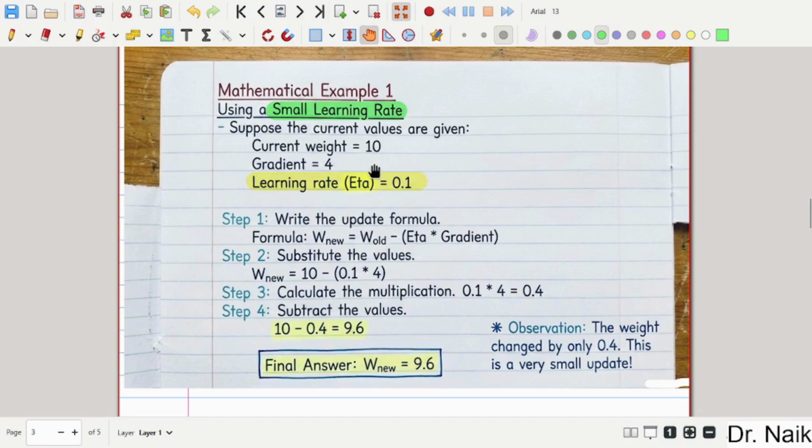So W old is 10 minus 0.1 multiplied by 4. 0.1 multiplied by 4 is 0.4. Therefore 10 minus 0.4 is 9.6. So our W new is 9.6. Observe that the weight changes only by 0.4. This is a very small update. Our old weight was 10, it changed to 9.6, so the change is only 0.4.